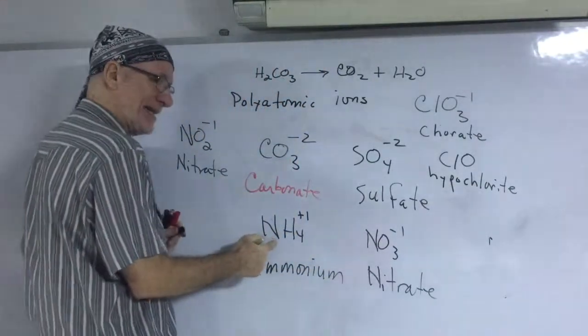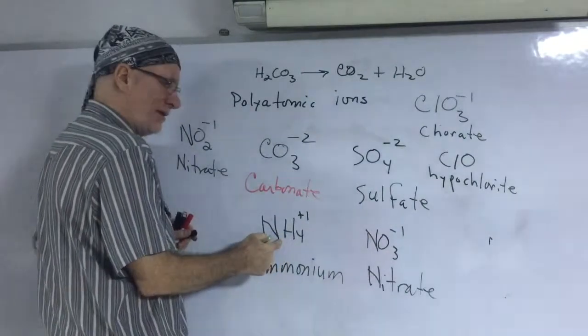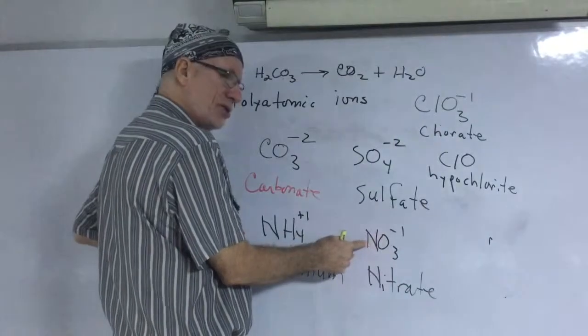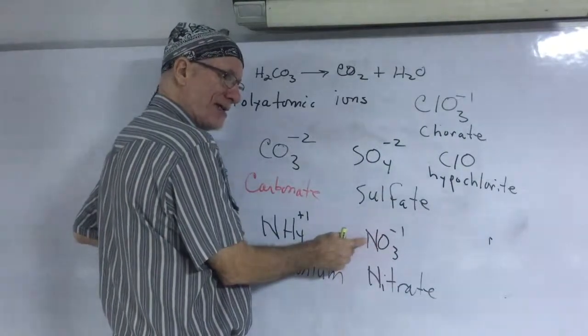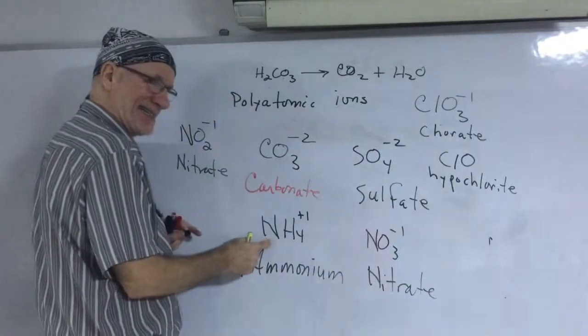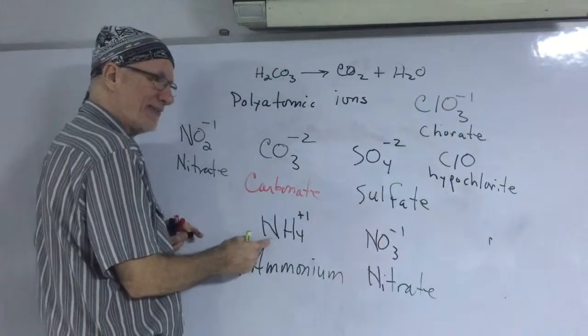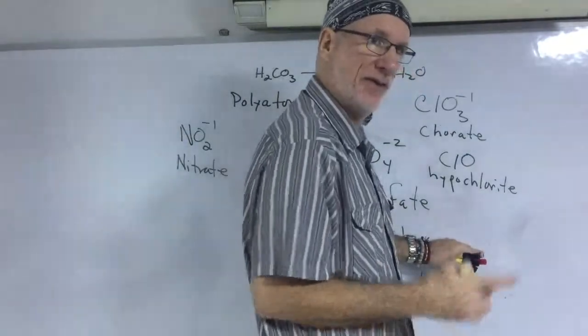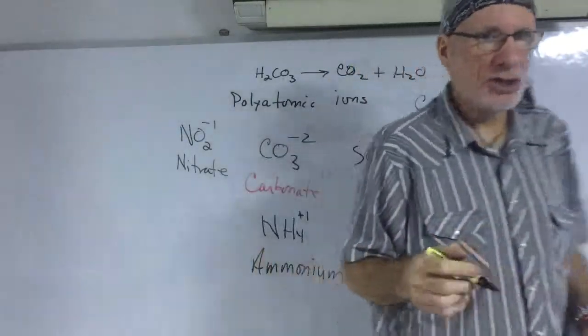Look at this one. This is an ion. It forms an ionic compound with nitrate, right? But this is a covalent particle. As a matter of fact, you know what it looks like? This is right here on the film.